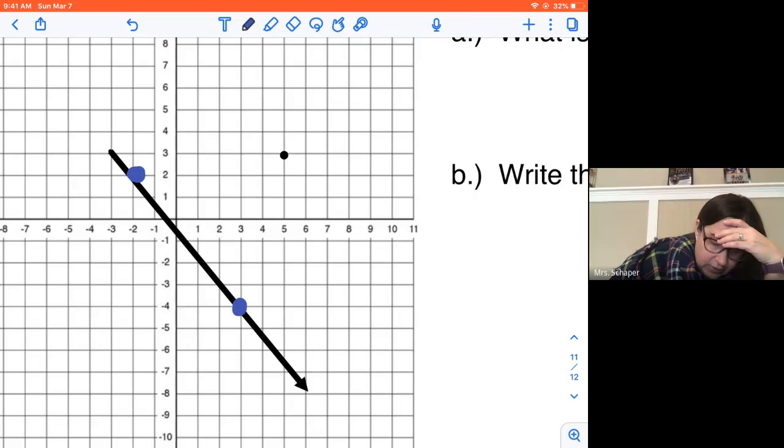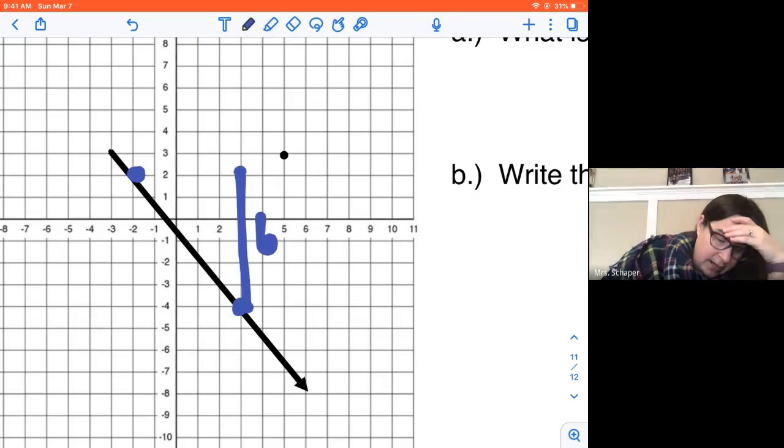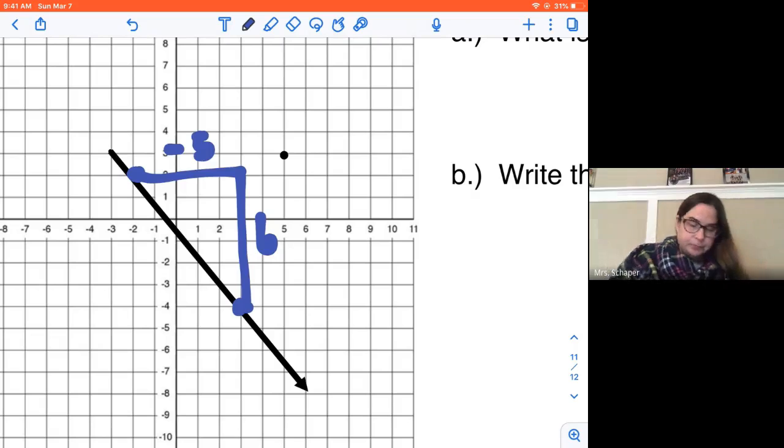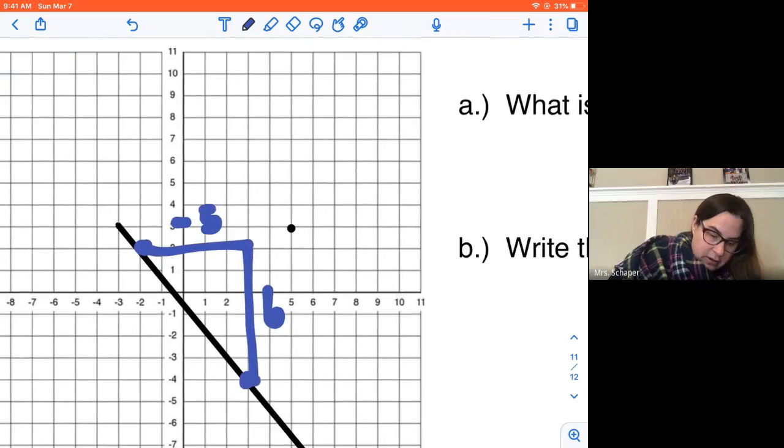Okay, so I rise 1, 2, 3, 4, 5, and I run 1, 2, 3, 4, 5. So I have a slope. Is that right? So I rise 6 and I run -5. So when I'm looking at this dot, I'm going to rise 6, go back 5, and put a dot.